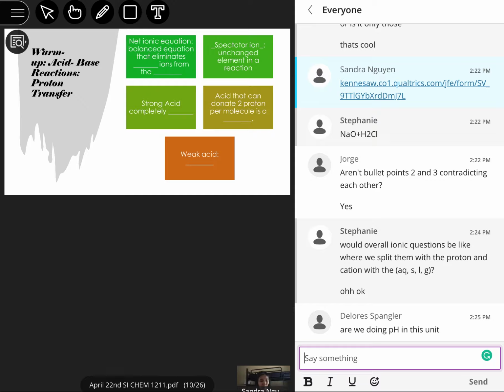Why are Chem 1211 students doing titrations? That doesn't make sense, because they're doing that right now in Chem 1212. I don't know why they're teaching it so weirdly. But pH, if not this unit, definitely Chem 1212.